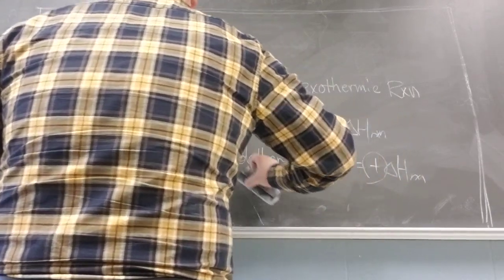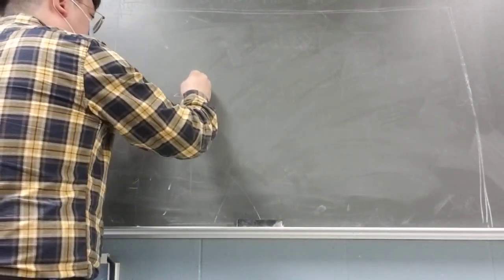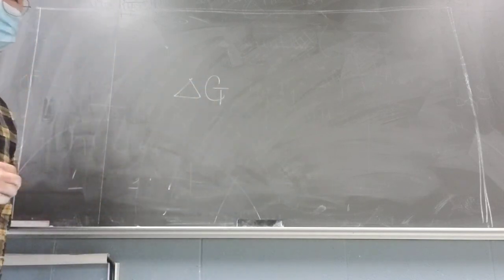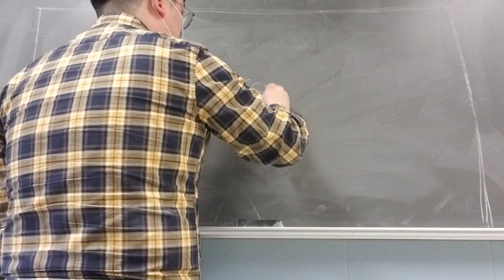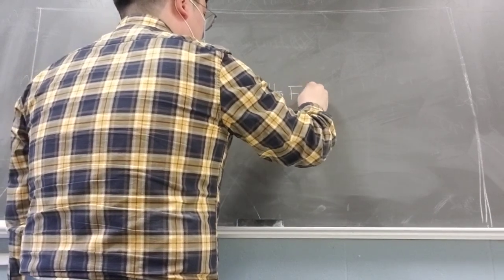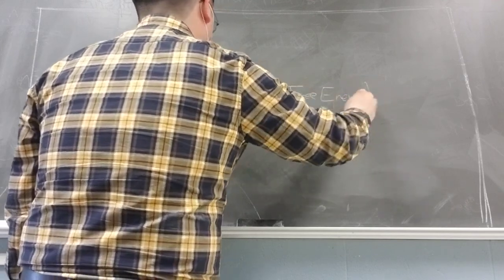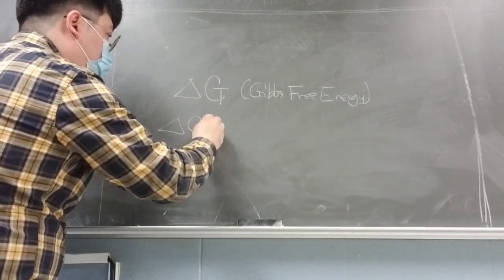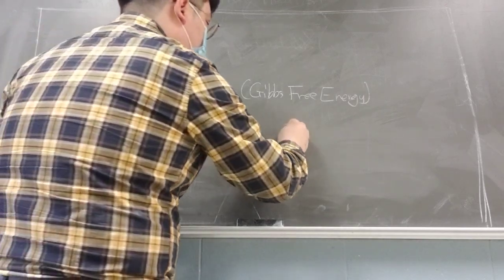Alright, so there's just one more thing I want you to know, which is delta G. Okay, so it's the Gibbs free energy. The only thing you have to know about this one is when your Gibbs free energy change is negative, it means it's a spontaneous reaction.